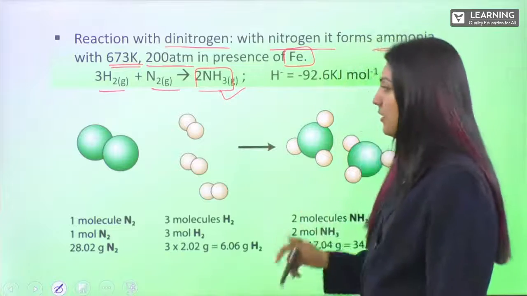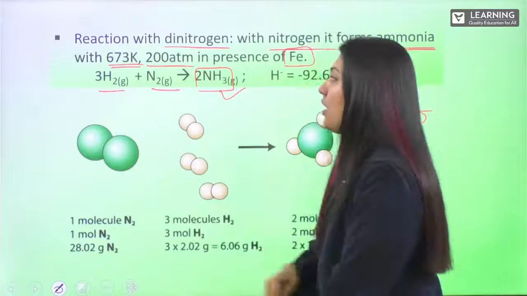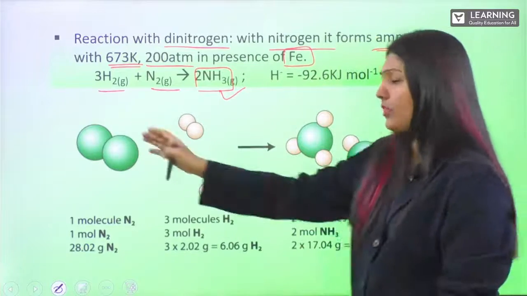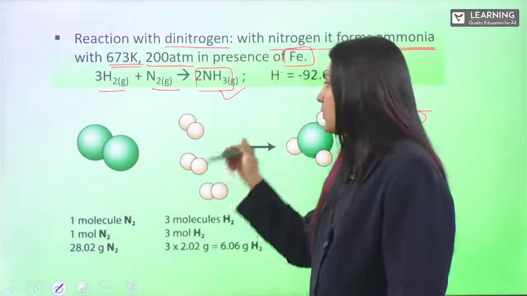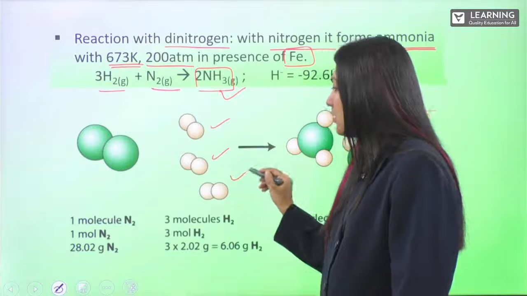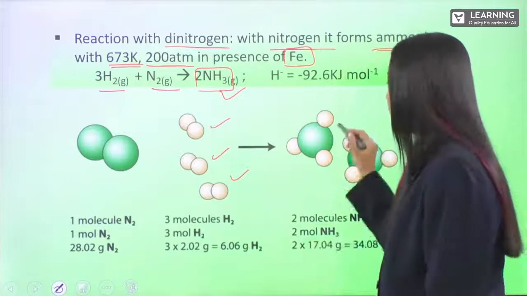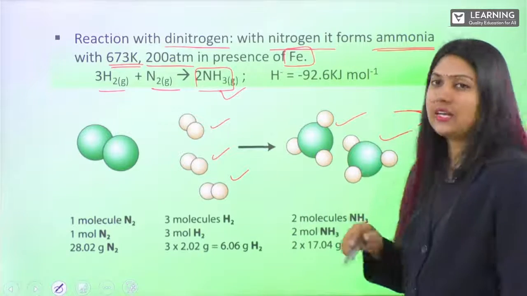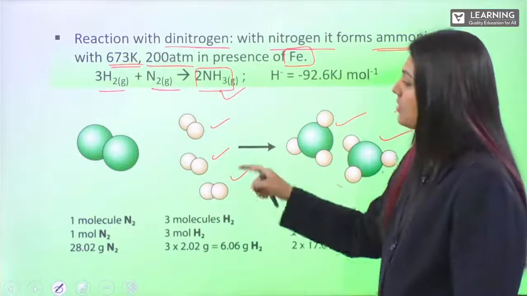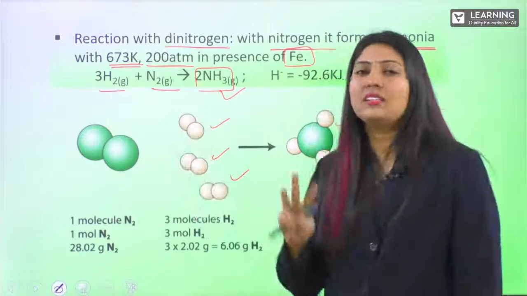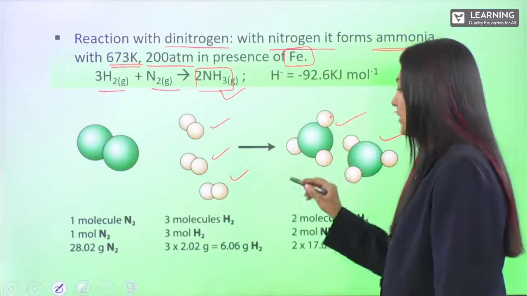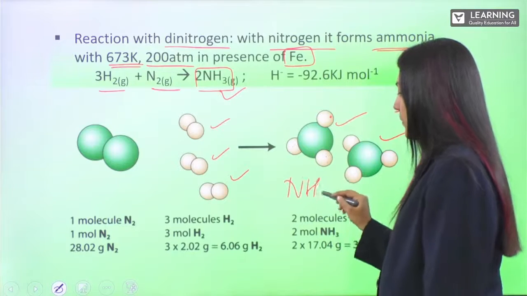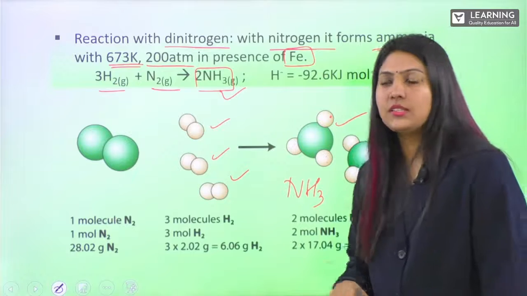You can see here the nitrogen molecule reacts with 3 hydrogen molecules to give 2 ammonia, NH3. Each nitrogen will have 3 hydrogen atoms with it, giving NH3. Got it?